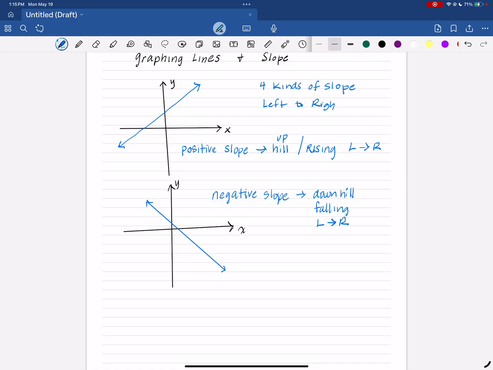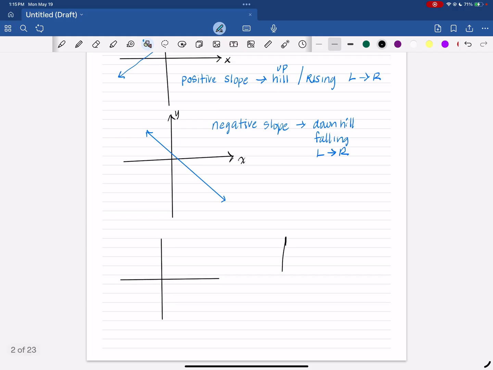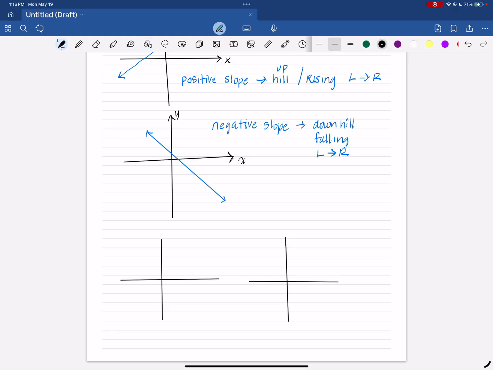Now, most lines will have either a positive or a negative slope, but there are two other unique kinds of lines. The first kind is a horizontal line.